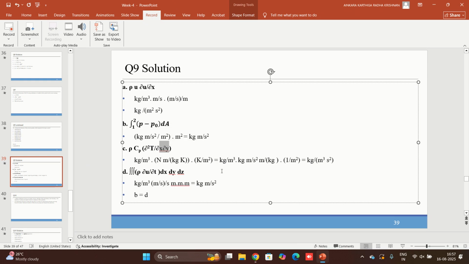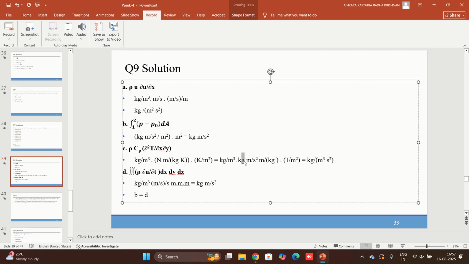And we have kg by meter cube into Newton is kg meter per second square into meter by kg Kelvin. What happened to that Kelvin? Okay, this Kelvin and this Kelvin got cancelled out. So it is left with 1 by meter square. So after that we have this kg and this kg also get cancelled out.